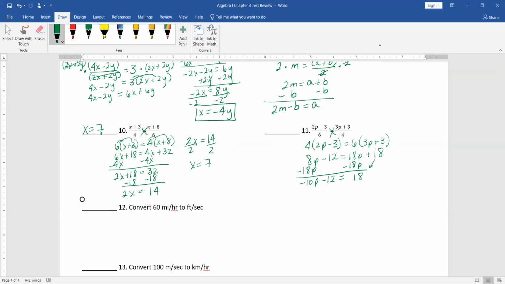So -10p minus 12 equals 18. So now we have to get rid of that minus 12. So we add 12 to both sides. And we end up with -10p equals what, 30? Yeah, 30. All right, so then divide both sides by -10. At this point, we're old hat. And p equals -3.